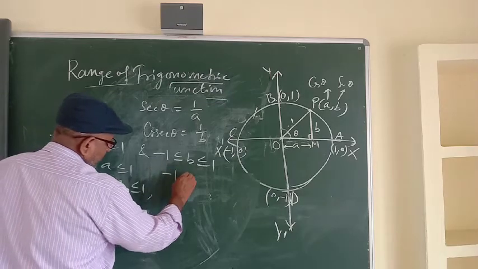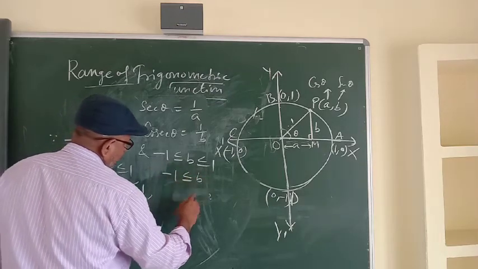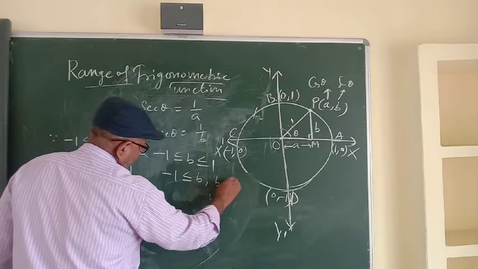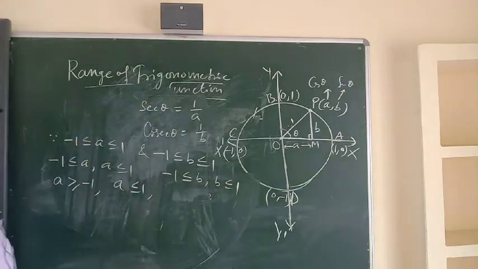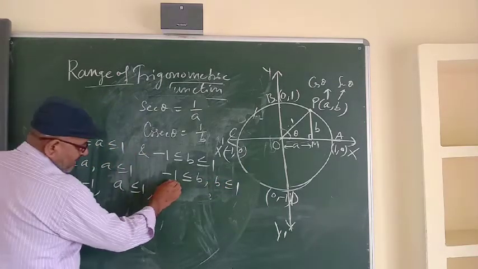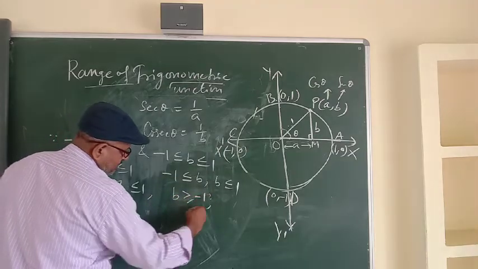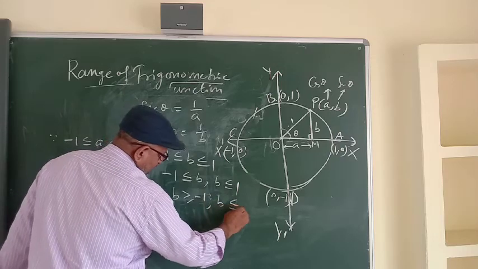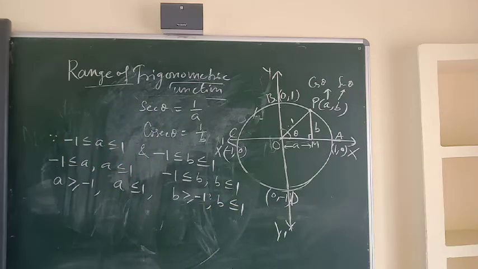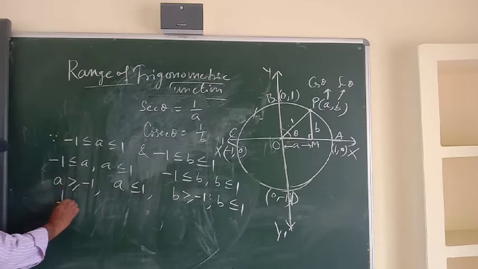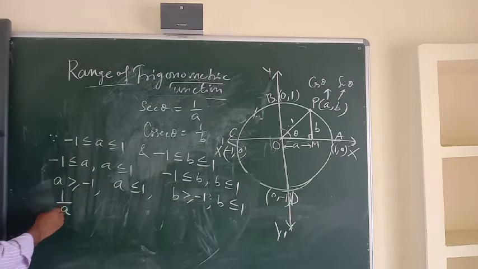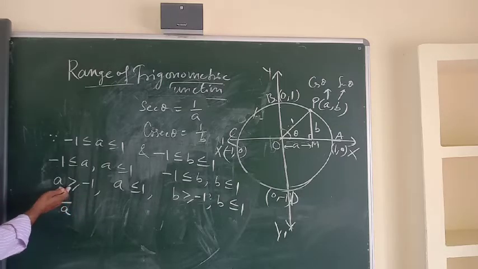Similarly here, B is greater than or equal to -1 and B is less than or equal to 1. So A is greater than or equal to -1, so what will be the reciprocal? When we take the reciprocal of 1 by A, the sign of inequality is changed.